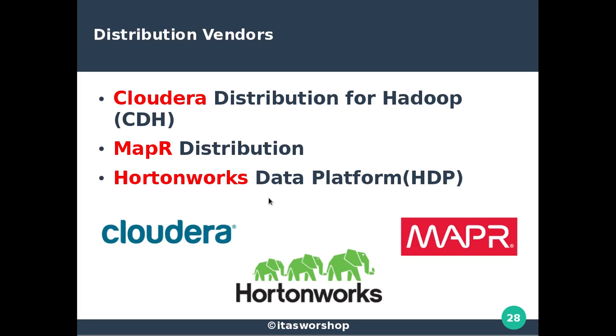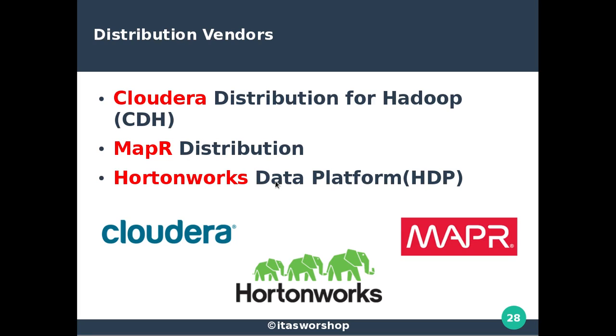Obviously Amazon is providing their own big data solution, Oracle is providing, all big companies are providing solutions, but there are totally dedicated companies which are Hadoop oriented, like Cloudera. So the Cloudera Distribution for Hadoop, CDH, is there, MapR distribution is there, Hortonworks is providing HDP, so you can also consider these.